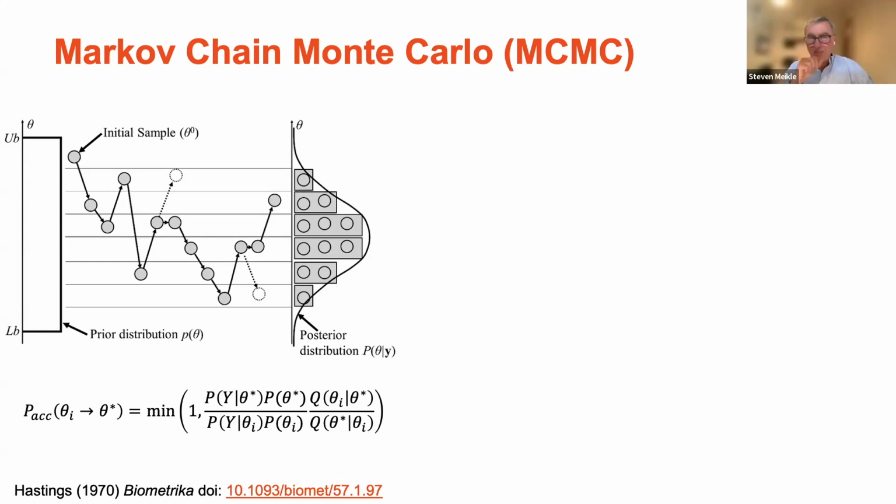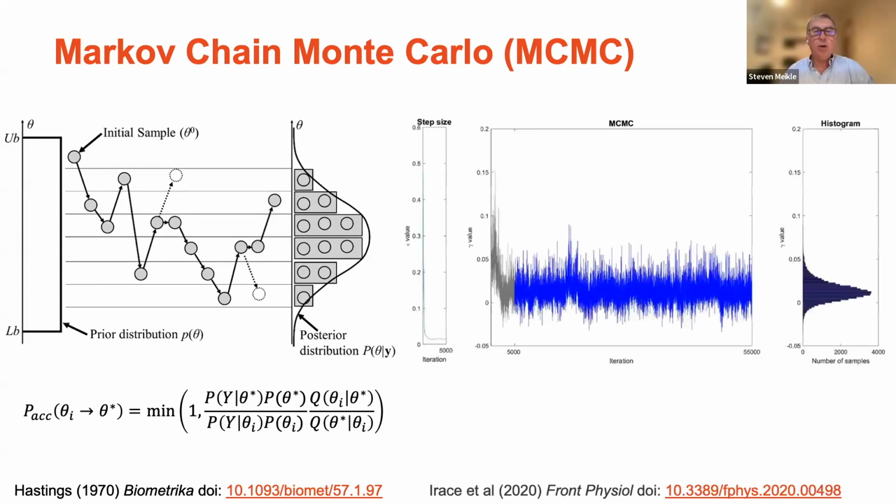So this algorithm takes quite some time to settle into an equilibrium, but once it does, the accepted samples then become samples of your posterior distribution, and provided it converges, it gives an accurate estimate of your posterior probability density function. And this is what it looks like in practice. This is a figure from a paper by Eras et al., the Lyon group.